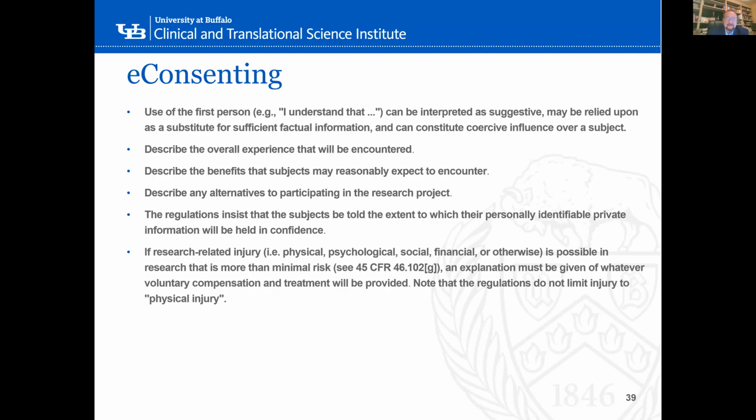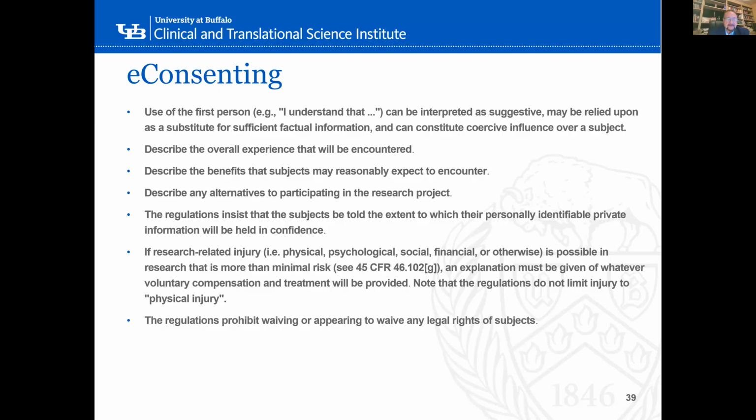Note that the regulations do not limit this to physical injury. So if you've got a study on something like HIV, that could be traumatic. And that is something that you need to probably get informed consent.